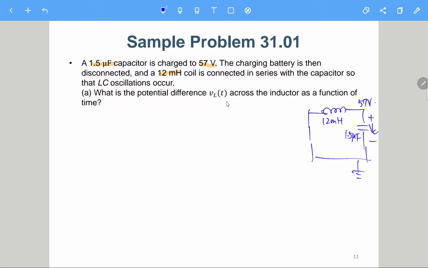What is VL? So of course we have d squared Q dt squared plus 1 over LC Q equals 0. So this is the standard LC oscillation. And of course the solution will be Q equals capital Q cosine omega t.